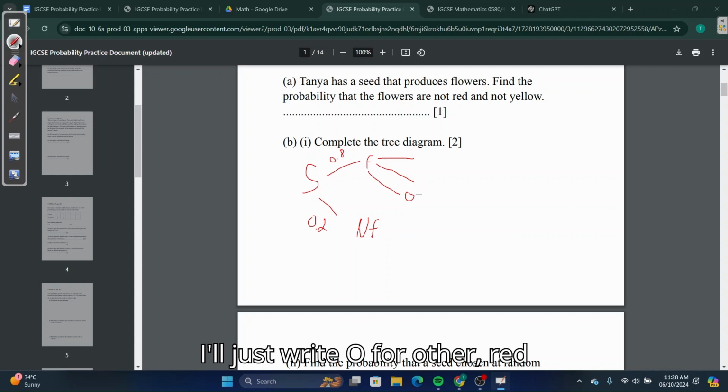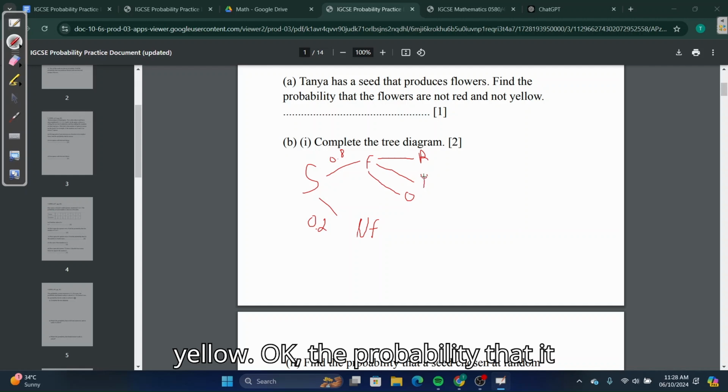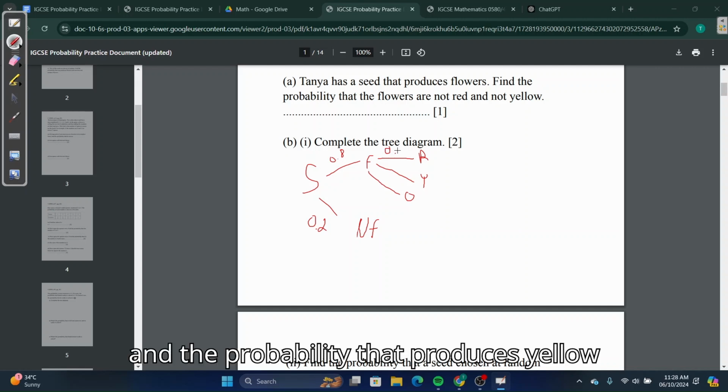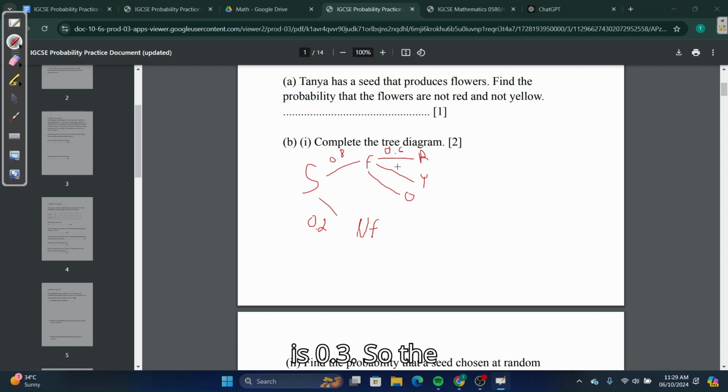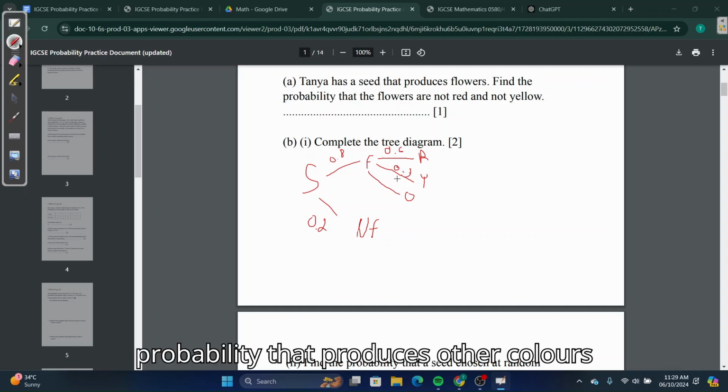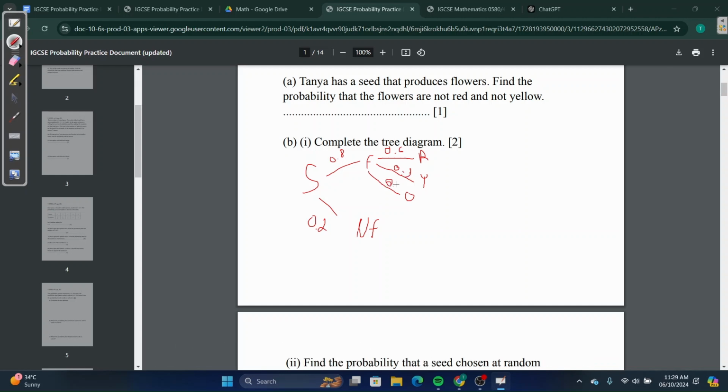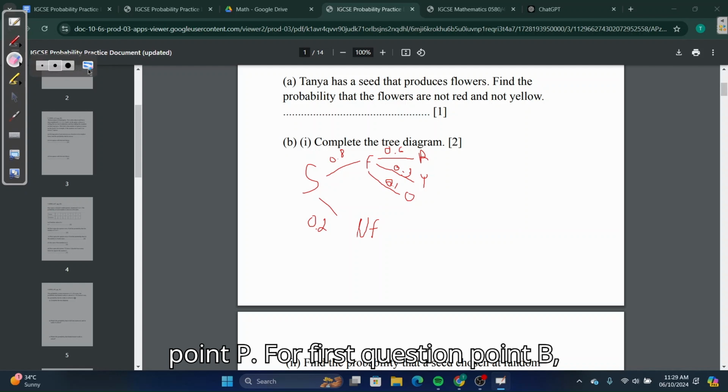So I'll just write O for other, R for red, and Y for yellow. The probability that it produces red is 0.6, and the probability that it produces yellow is 0.3. So the probability that it produces other colors is 0.1. That's part B for the first question.